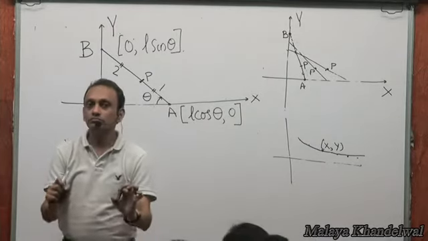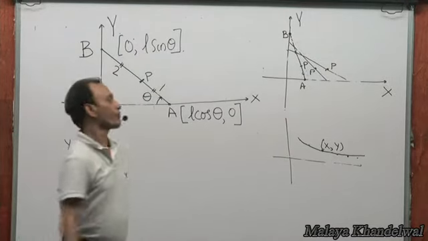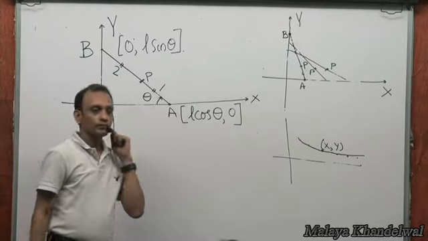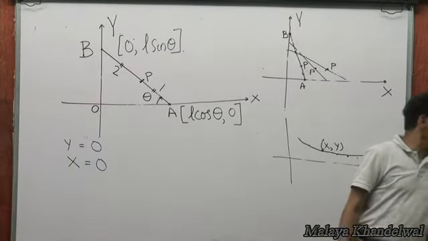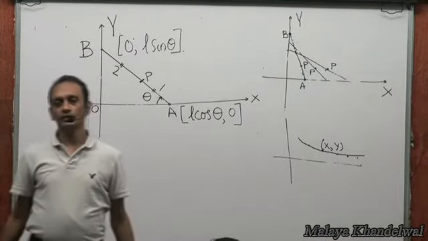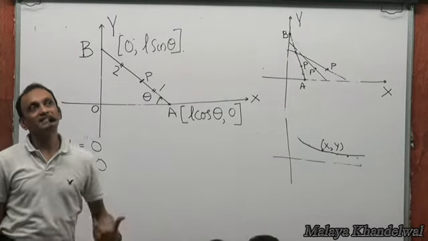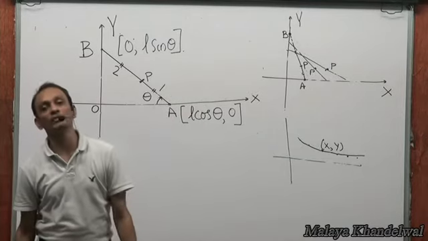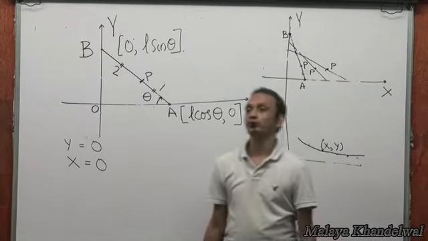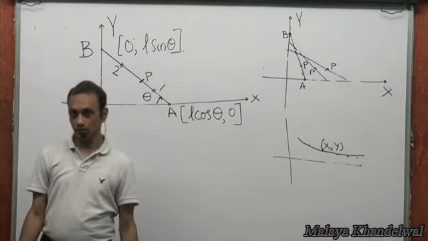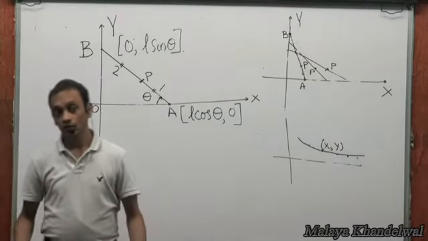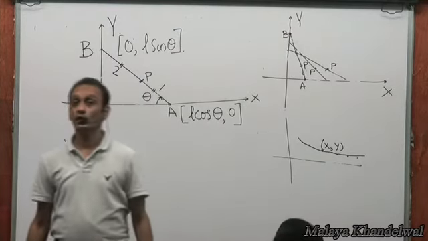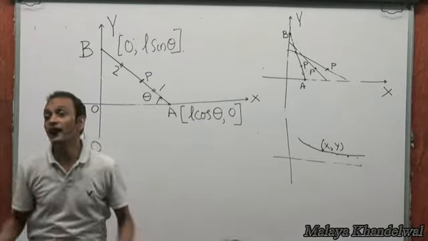So, write down. While obtaining the locus of a moving point, it must be borne in mind that the algebraic relationship connecting the x and y coordinates of the moving point should be true for any value of the parameter, no matter what.